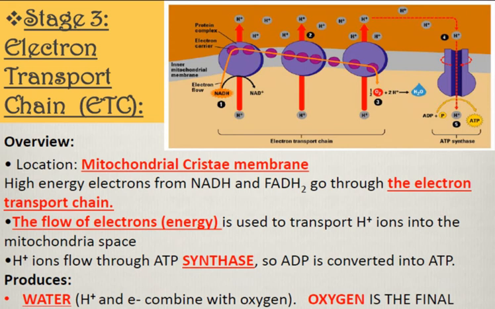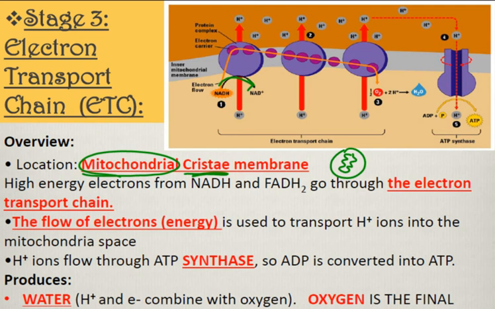So stage 3, the electron transport chain. This is complicated. We are, once again, in the mitochondria, specifically in the crista. When you look at a basic mitochondria, those folds are called the crista. NAD and FAD are going to be stripped of their high energy electrons.